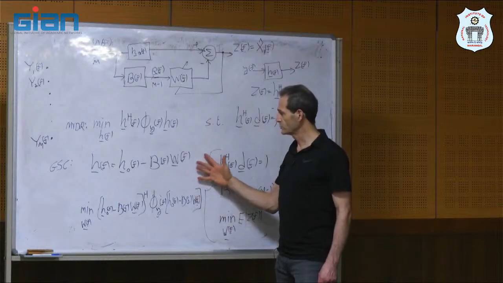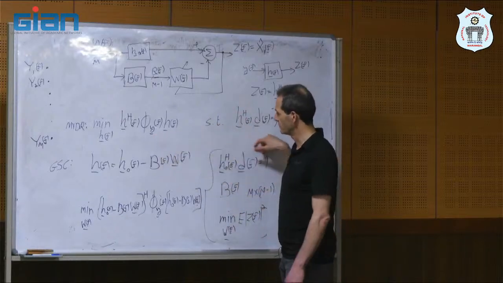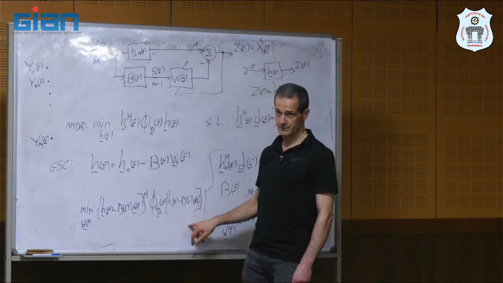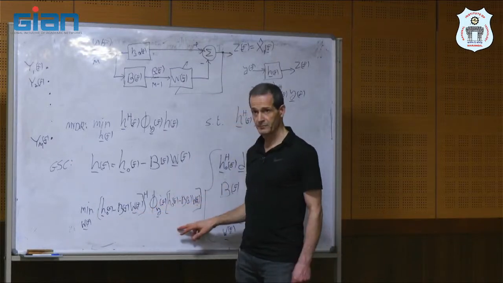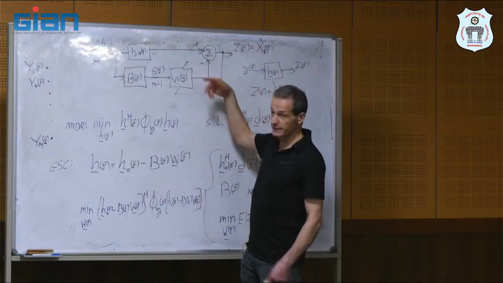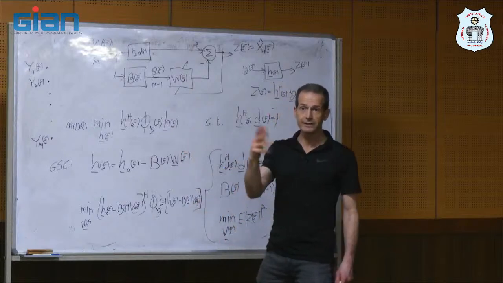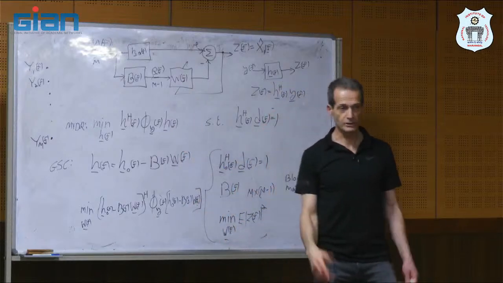We don't need to do something offline, just like we solve here. Also this, we can solve offline using least squares, okay? But in real applications, it's better to use adaptive filtering methods, all the LMS family of solutions.